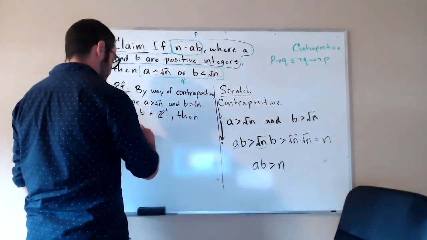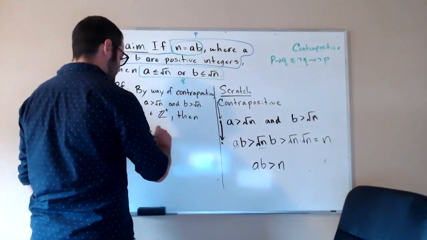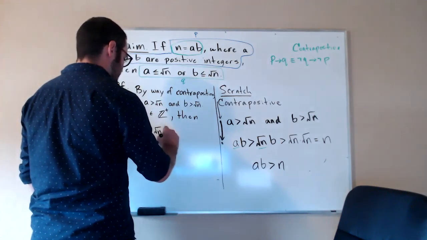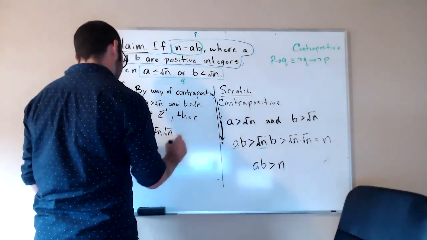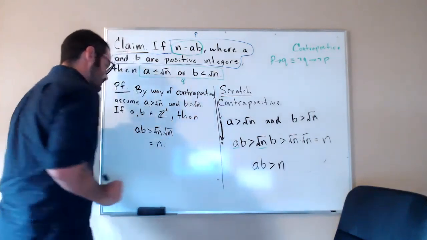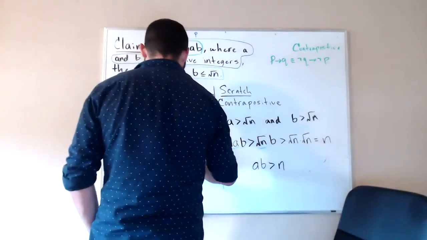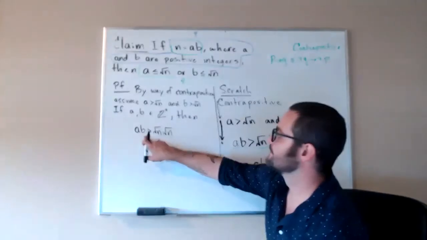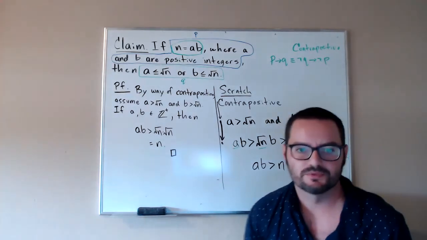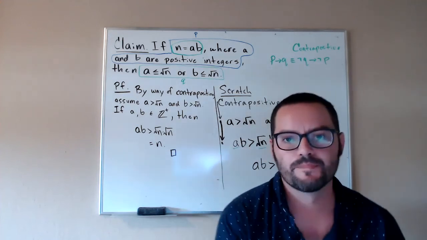So it's going to be a times b is greater than root n times root n, which is equal to n. And then we're done. Because a times b is strictly greater than n, so it's not the case that n is equal to a times b. Okay?